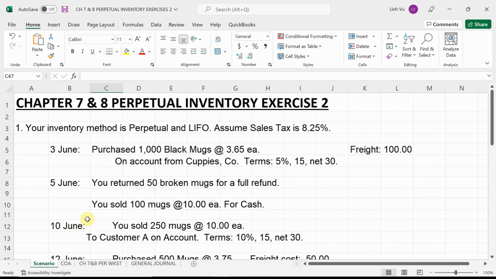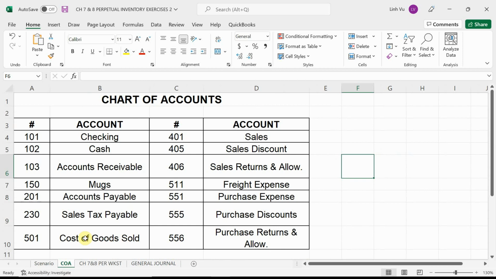On June 5th, you end up returning 50 broken mugs for a full refund. So let me go ahead and take a look at the chart of accounts. I am returning 50 broken mugs for a refund.